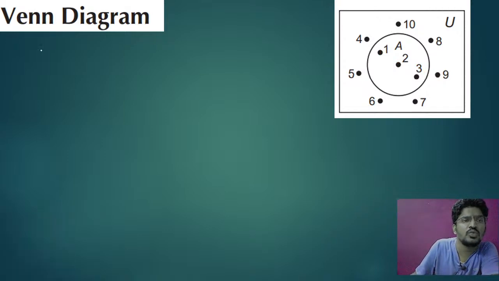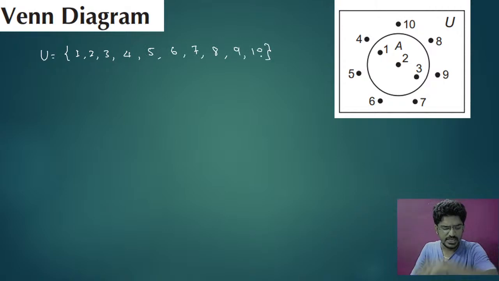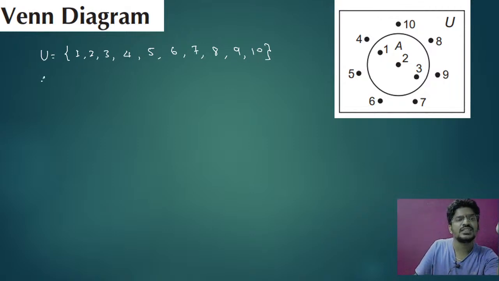Here you have the universal set, according to the diagram, as 1, 2, 3, 4, 5, 6, 7, 8, 9 and 10. So this is U, the universal set. U is equal to 1, 2, 3, 4 and so on to 10. That means in the universal set you have 10 elements, and in set A you have 3 elements, 1, 2 and 3.